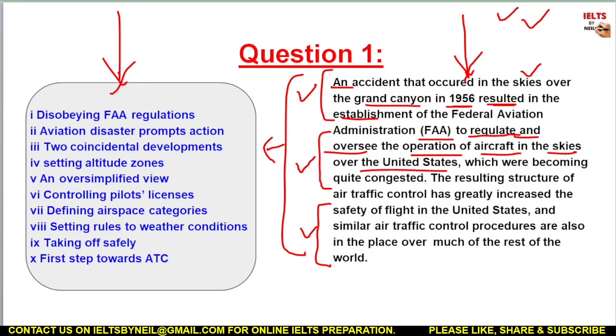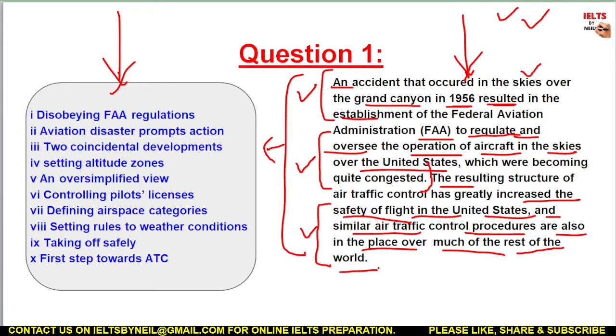Now we have read until here. From here it's saying the resulting structure of air traffic control has greatly increased the safety of flight in the United States, and similar air traffic control procedures are also in place over much of the rest of the world.